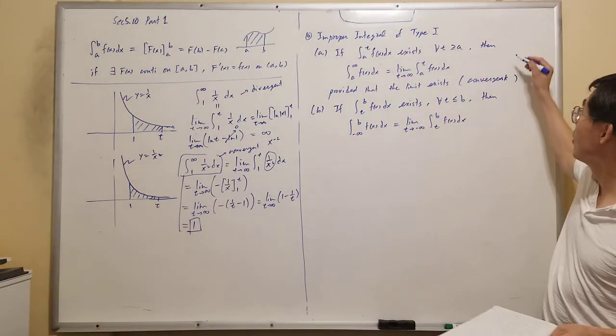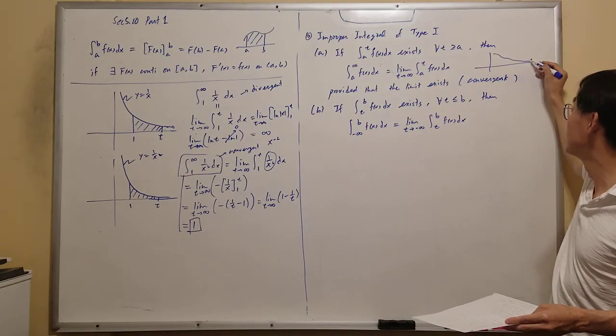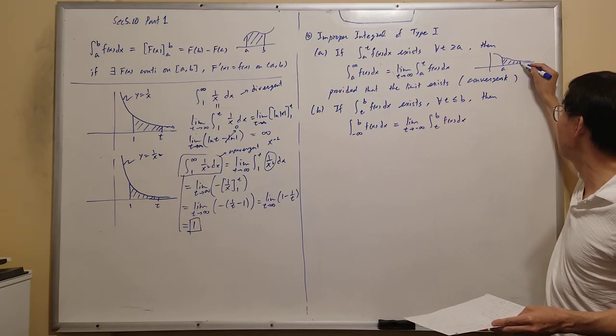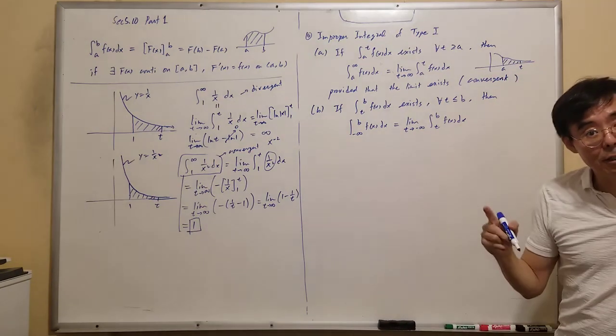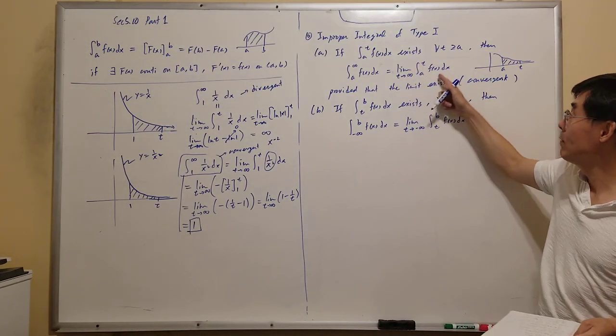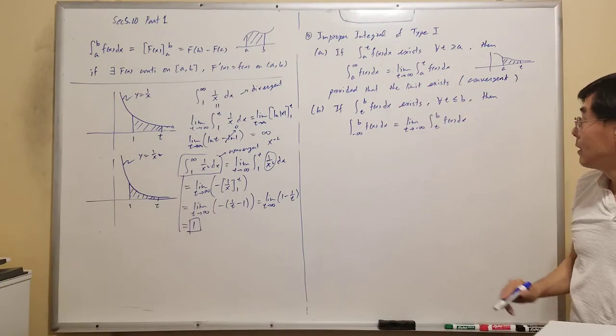Alright? So the previous case is where f is supposedly going to 0 quickly from a. So from a to t, for all t greater than or equal to a, this has to be well defined, and the limit of that function of t should be finite.